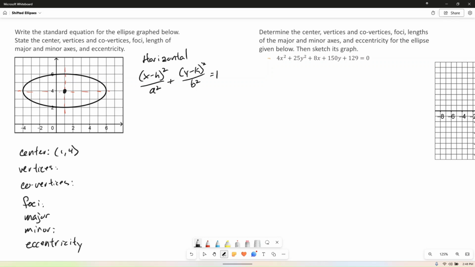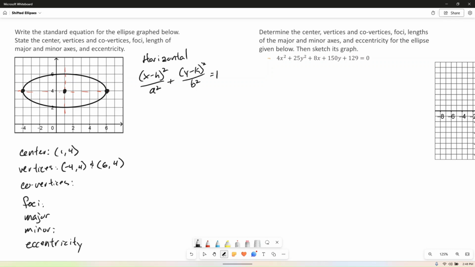Okay, so then we could figure out our vertices. The vertices are the 2 points furthest away from each other. So again, this is a horizontal ellipse, so it's the furthest left and the furthest right point. One vertex is at (-4, 4), and the other vertex is at (6, 4).